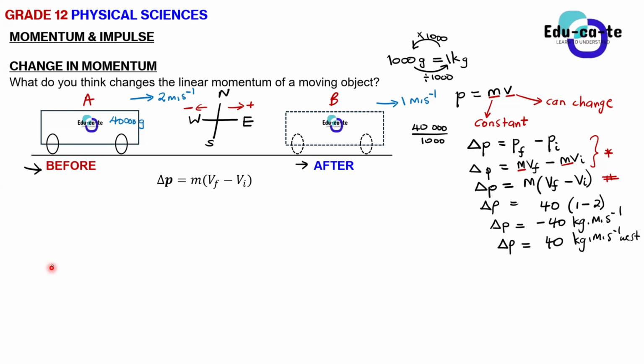The difference between momentum itself and the change in momentum is that when you are doing this change in momentum formula, you can get an answer that is in a different direction. For example, here you can see that our delta P, we found negative 40 kilogram meters per second. It means that this negative is going, we say that the negative direction is the west for this scenario. So you can see that the change in momentum is taking a different direction, but still the object is going east.